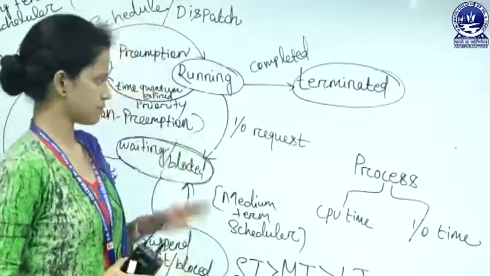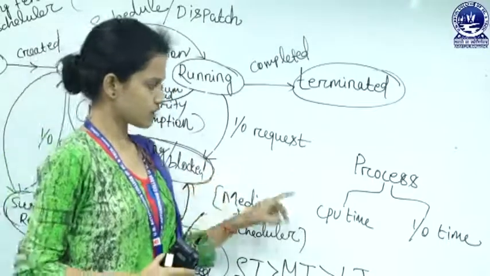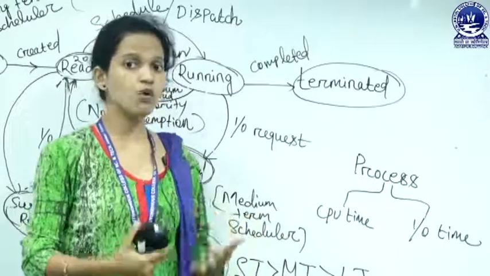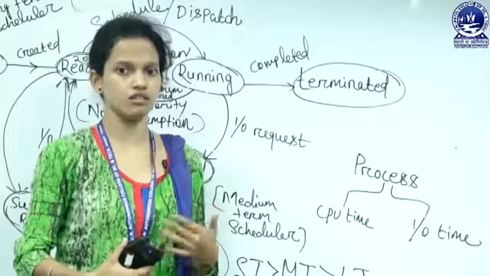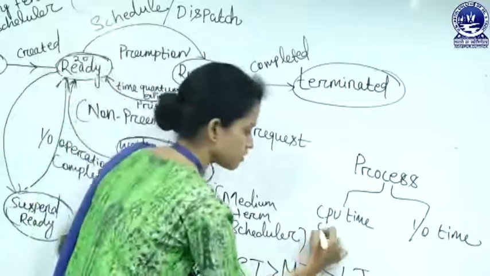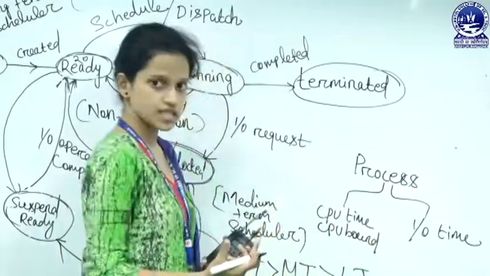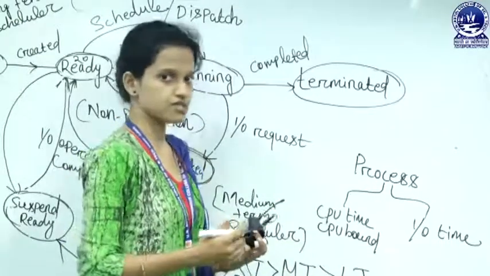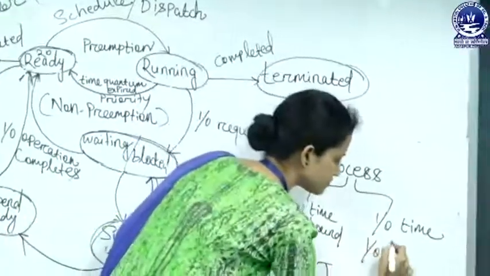In our process state transition diagram, if the process spends more and more time executing in the CPU, that process is called CPU bound. And if the process spends more and more time in IO operations in the waiting state, then it is called IO bound.